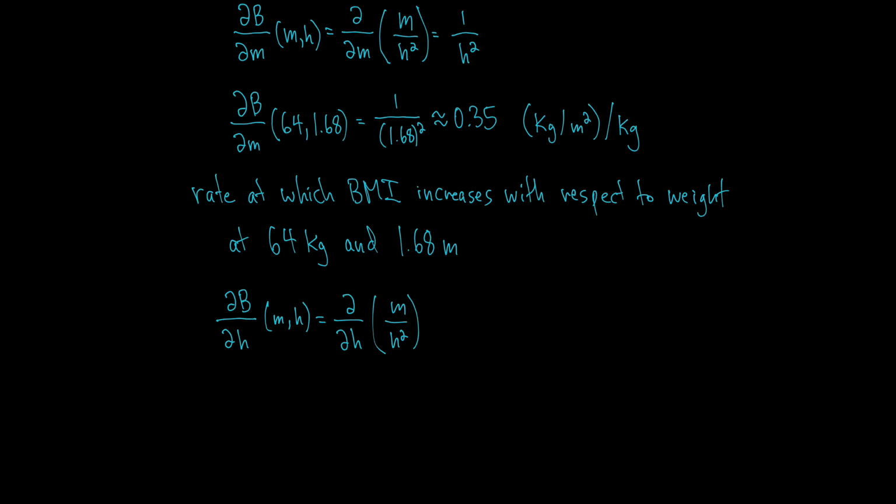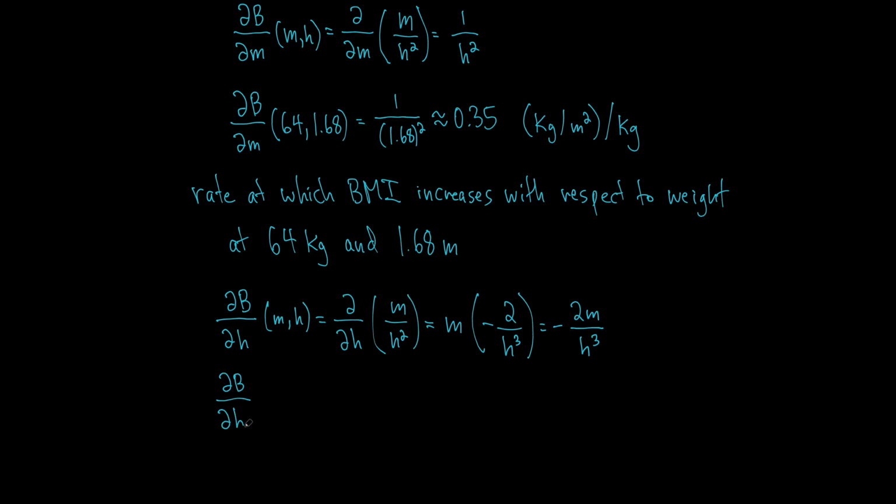So then the derivative of 1 over x squared is just minus 2 over x cubed, because you write it using the power rule. And if you want, you could even just pull out this constant. So we get m times minus 2 over h cubed, which is minus 2m over h cubed.